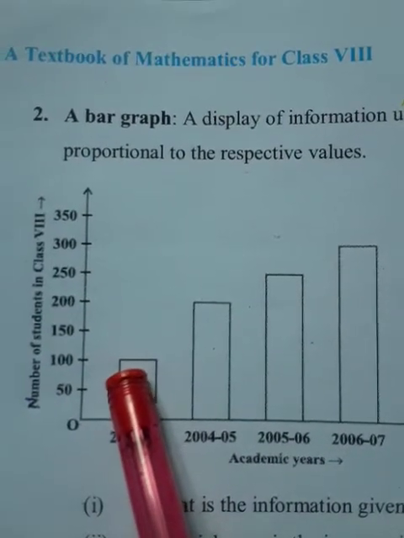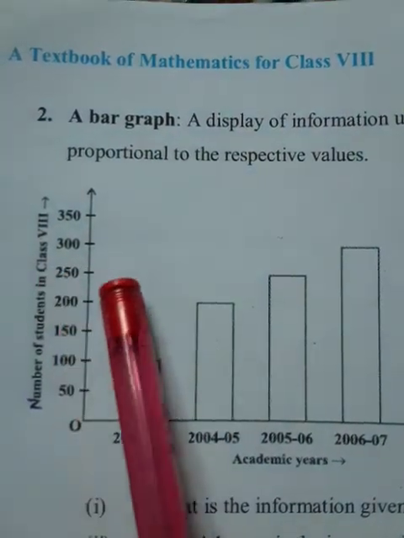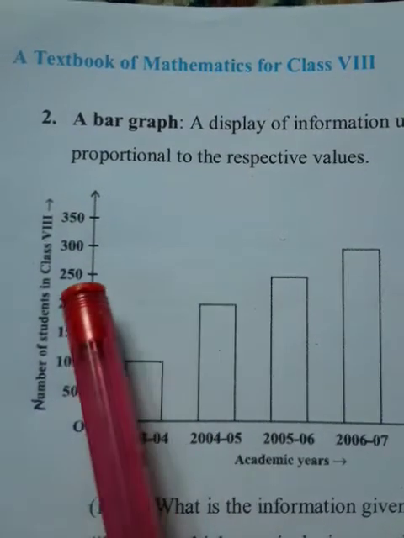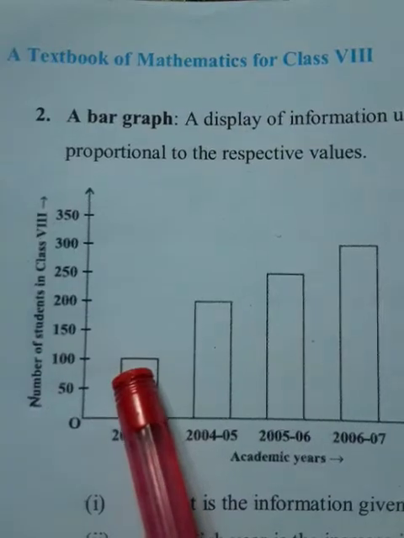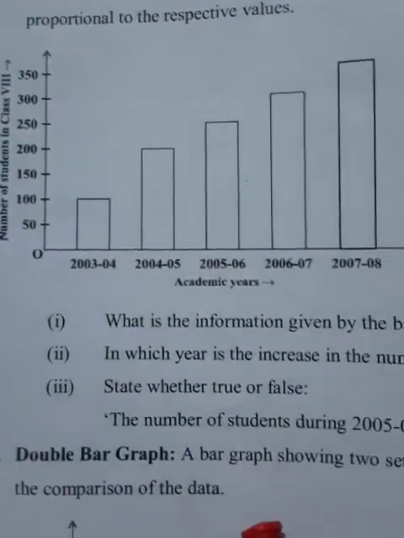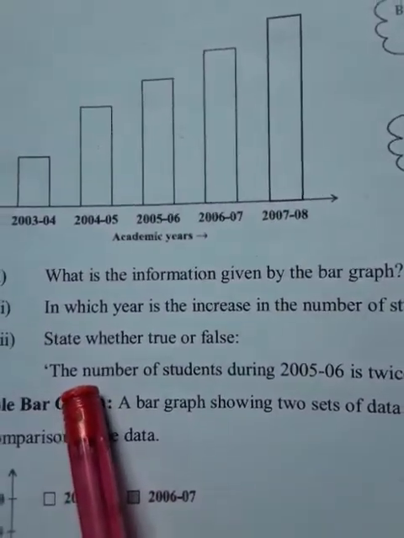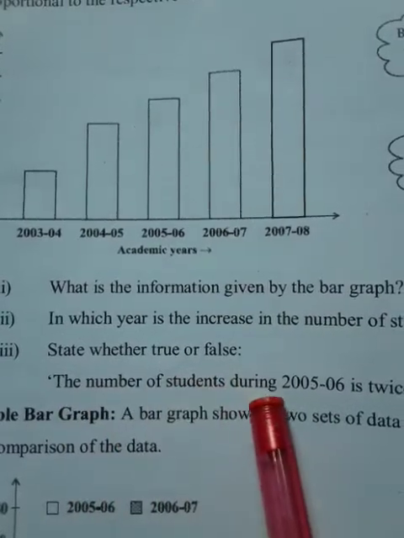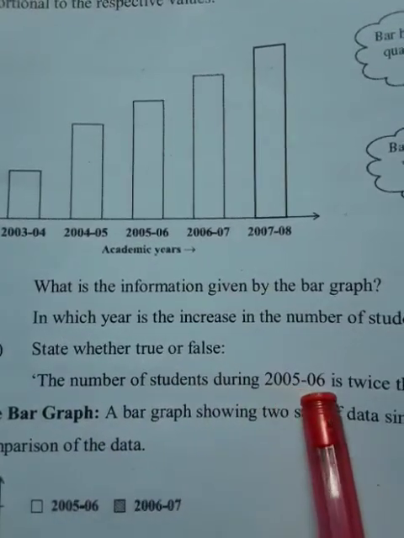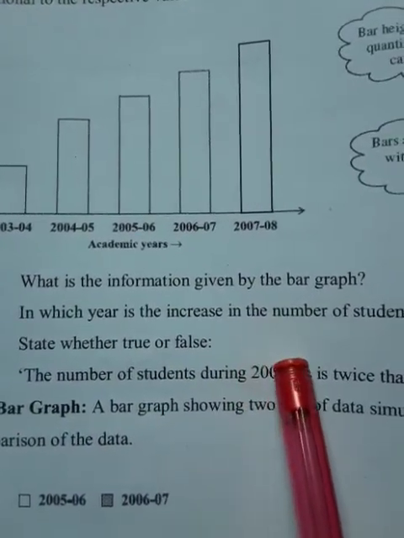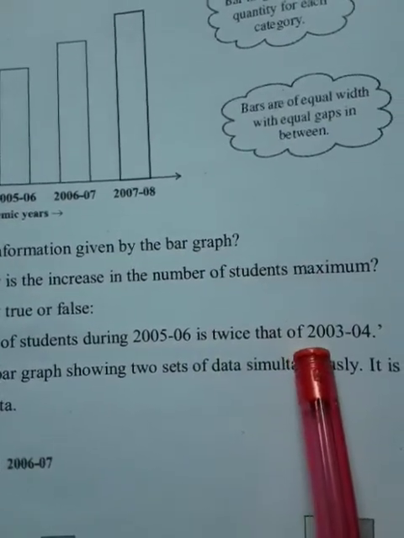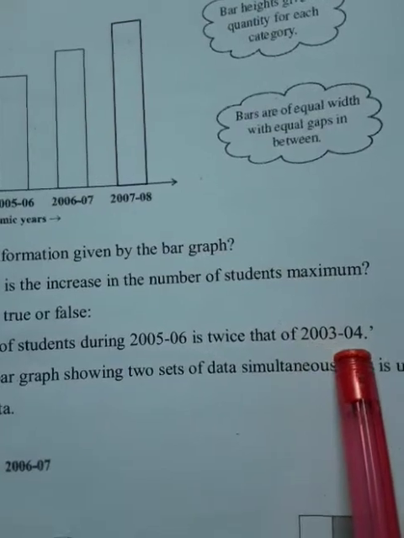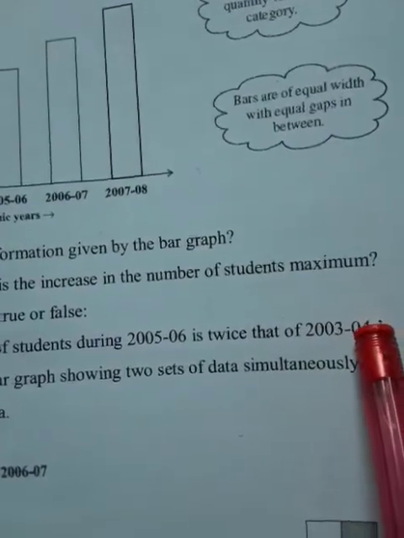Since 100 is not half of 250, or 250 is not twice the 100, so the statement here is false, which was saying that the number of students in 2005-6, which is 250, is twice that of 2003-4, which is 100.